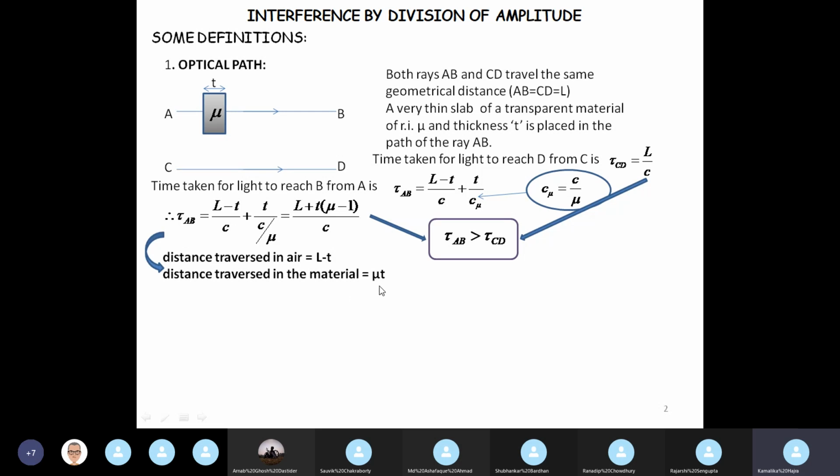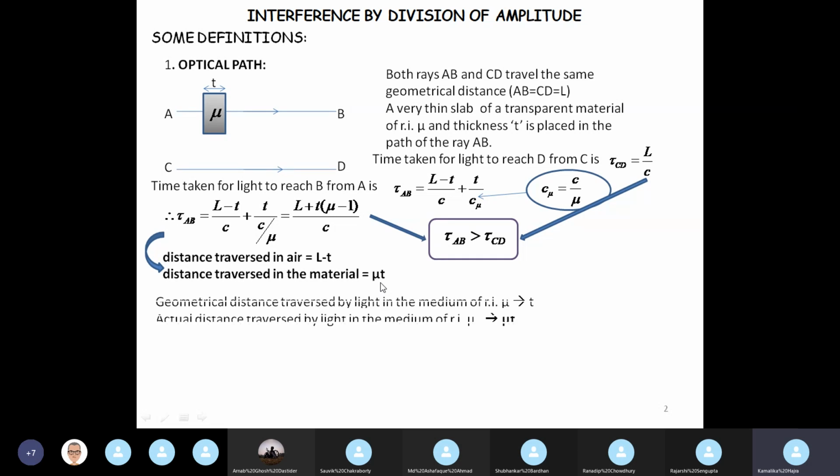So the distance traveled in the material is given by mu T. Now geometrical distance traveled by light in the medium of refractive index mu is T. Thickness of the slab is T. But the actual distance traversed by light in the medium of refractive index mu is given by mu T.